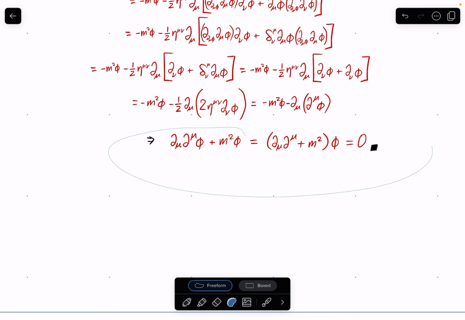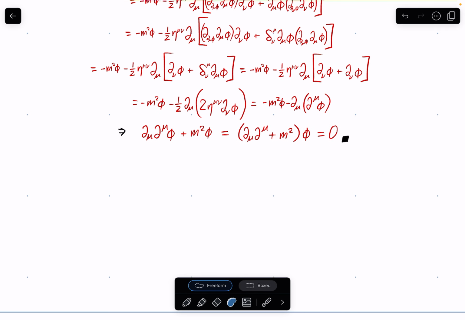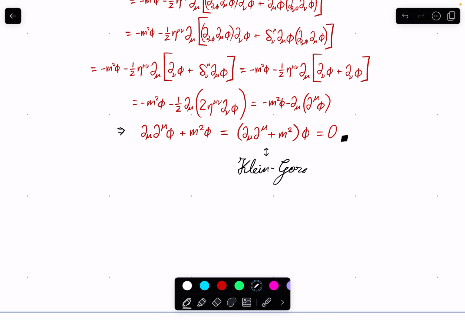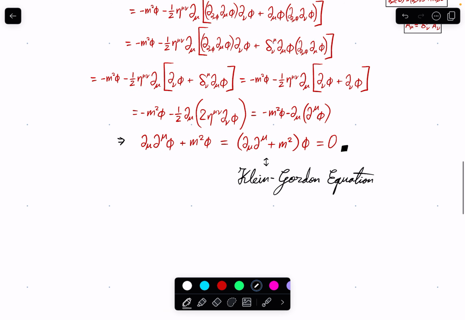And this right here is the Klein-Gordon equation. It tells us how a scalar field evolves.